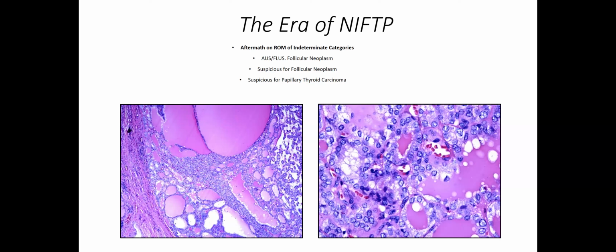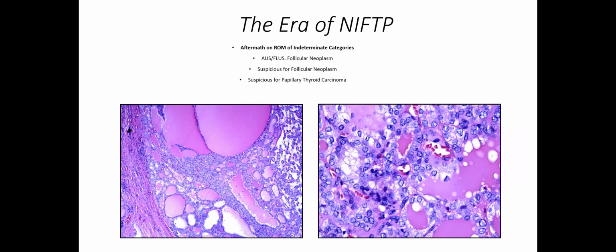Because if you think about what constitutes atypical or indeterminate cases in thyroid cytology, these cases are follicular pattern lesions with questionable or not so diffusely distributed or well-developed features of papillary thyroid carcinoma, follicular adenomas, or follicular carcinomas. So naturally, these are the categories which have a lot of these follicular pattern lesions.